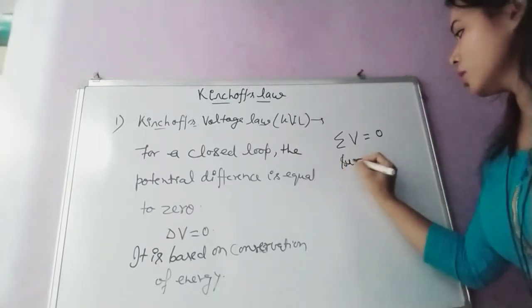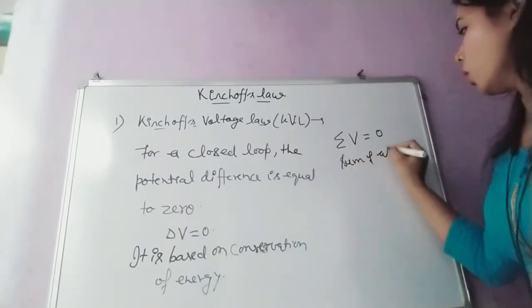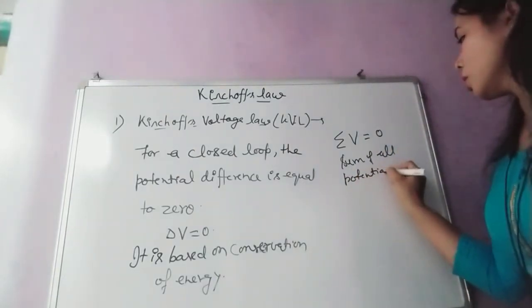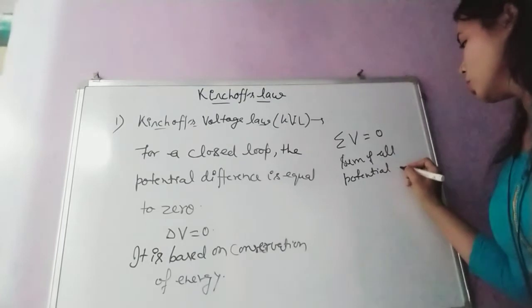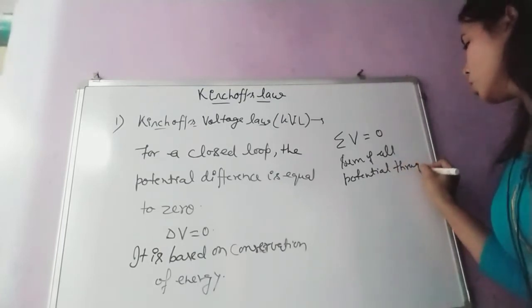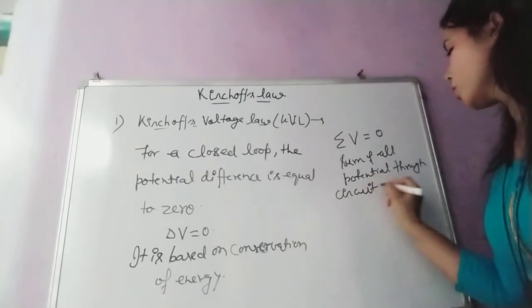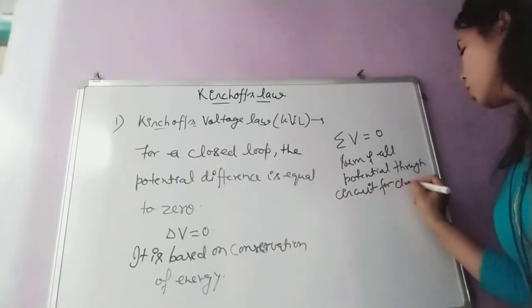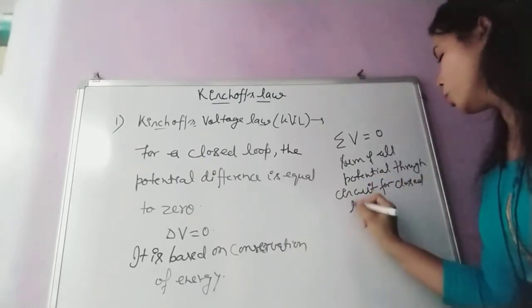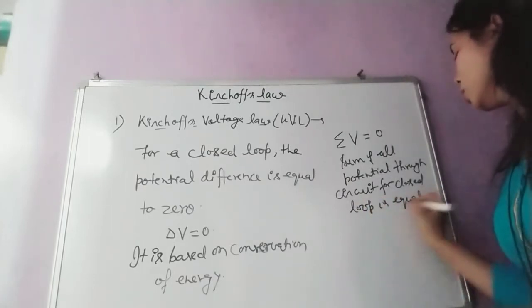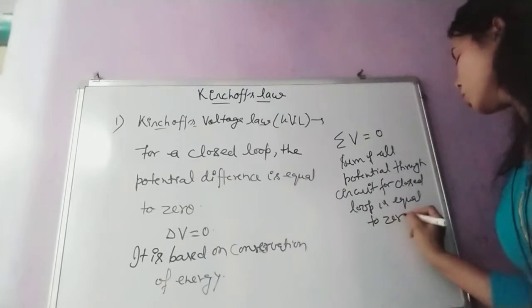You can write like this also: sum of all potentials through a circuit for a closed loop is equal to 0.